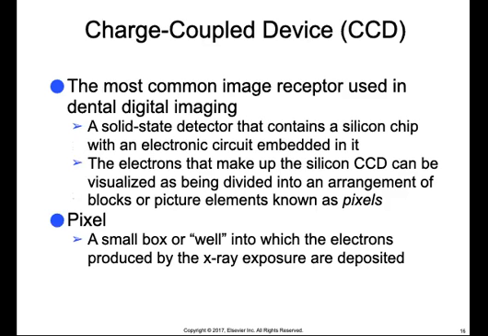The CCD is a solid-state detector that contains a silicon chip with an electronic circuit embedded in it. The electrons that compose the silicon chip in the CCD can be visualized as being divided into an arrangement of blocks or picture elements known as pixels. And a pixel is a small box or well into which the electrons produced by the X-ray exposure are deposited.